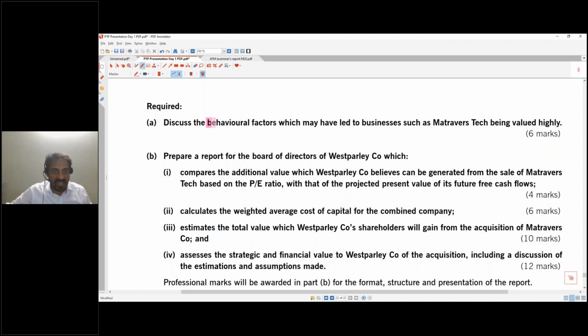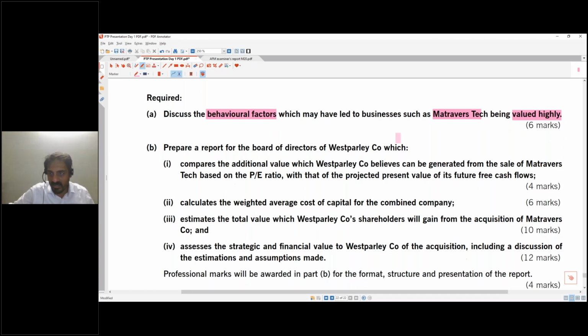Discuss the behavioral factors which may lead to businesses such as Metaverse tech being valued highly. Okay, so that is the first requirement. That's theory. B requirement, prepare a report.